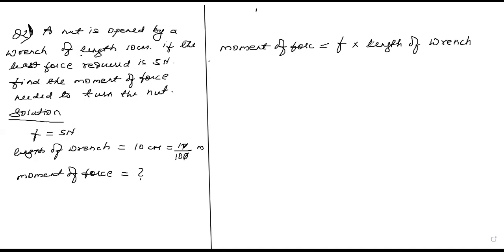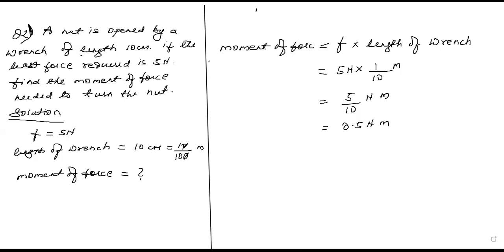Now, what is this force? We got it as 5 Newton. And the length of the wrench we have got is 1 upon 10 meter. So it will become 5 upon 10 Newton meter. People will ask why I am not cancelling. 5 upon 10, I can always write as 0.5 Newton meter. So what is the answer?